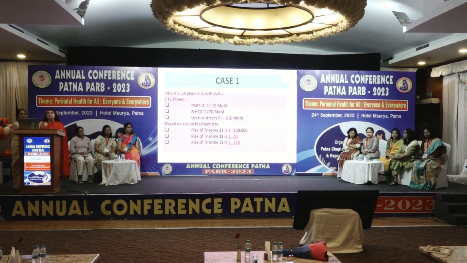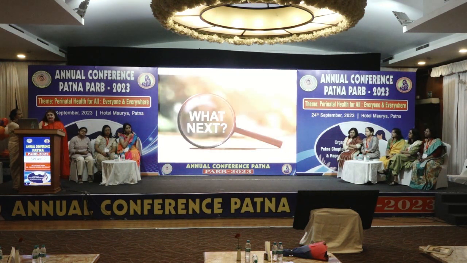Based on this biochemistry, the risk of trisomy 18 and 13 are quite high, 1 in 10 and 1 in 116 respectively. Now what next? What I'm trying to highlight is that the lab has given the report just based on biochemical markers. That's why I started talking about combined testing.